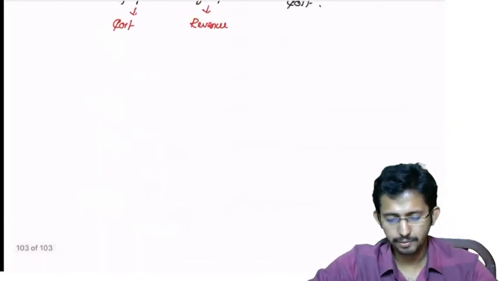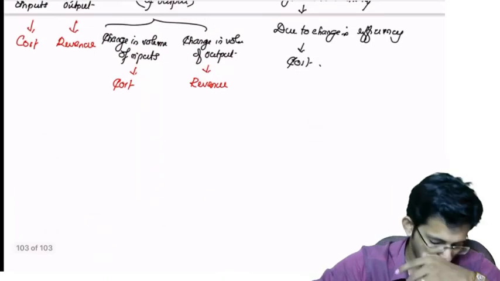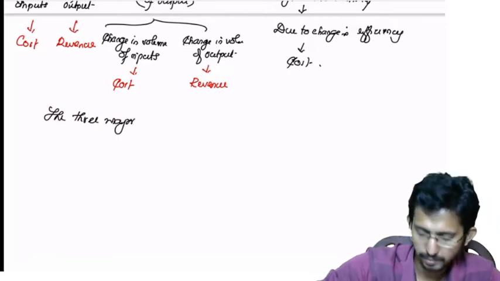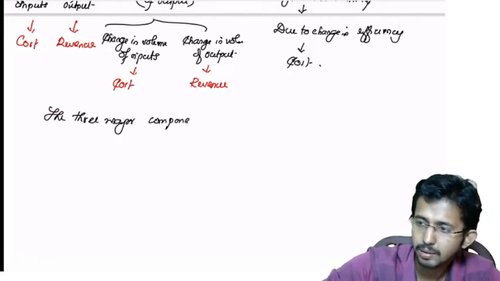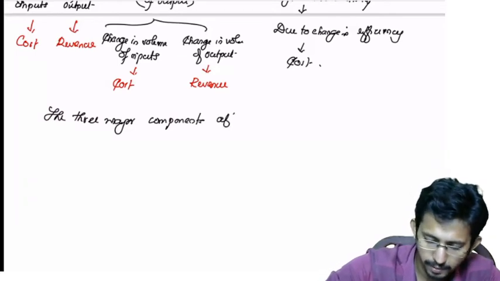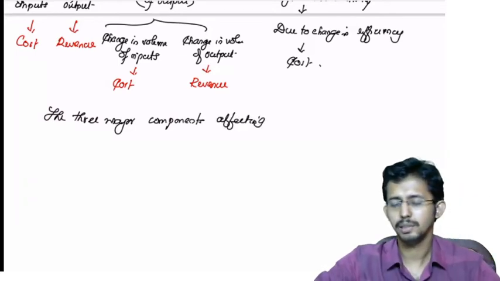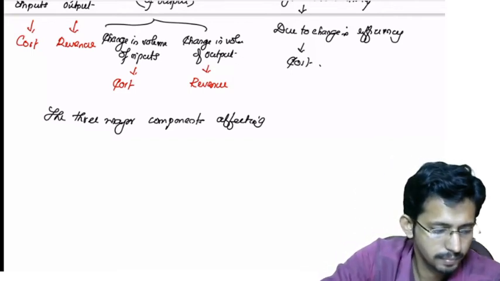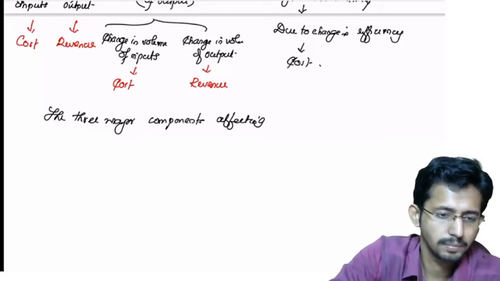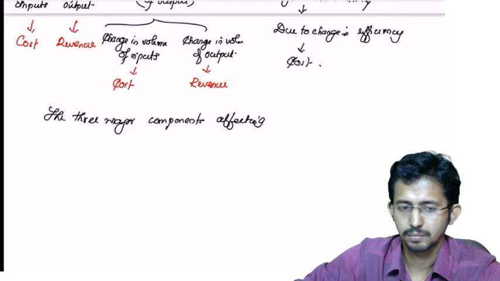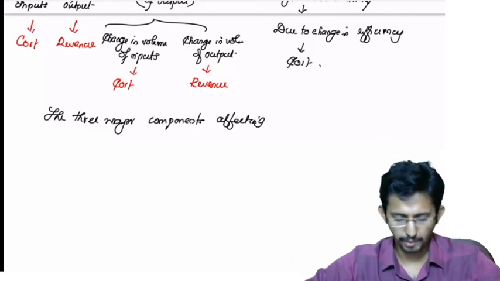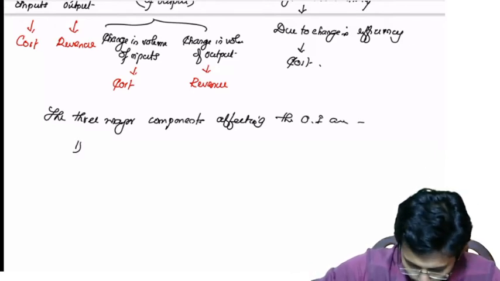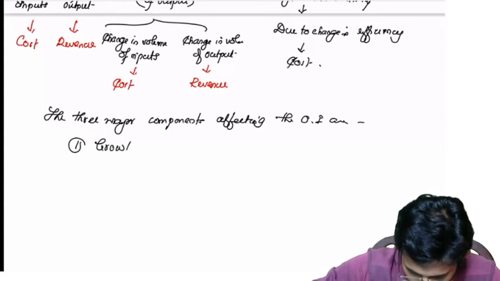Next paragraph, the three major components affecting the operating income are: 1, growth component.